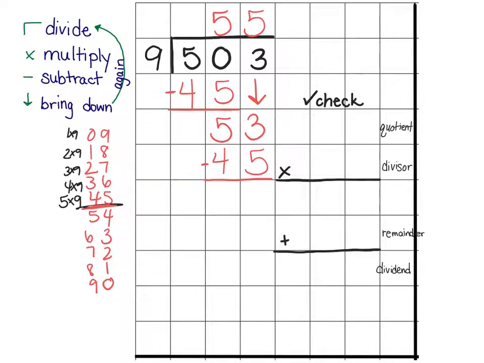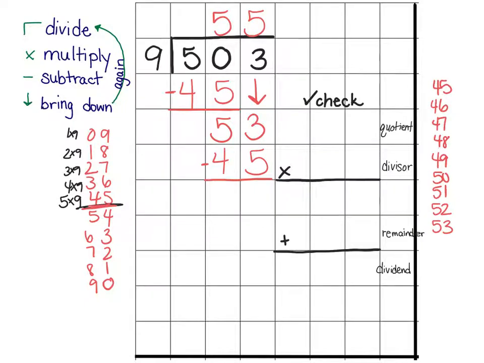If you don't know, all right, we can do the same thing. We can go from 45 and count up. 45, 46, 47, 48, 49, 50, 51, 52, 53.